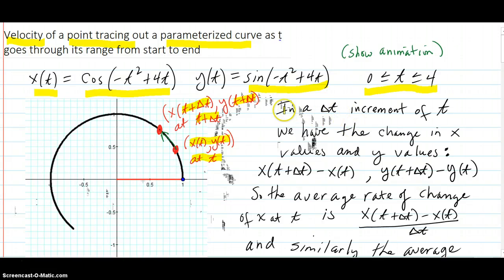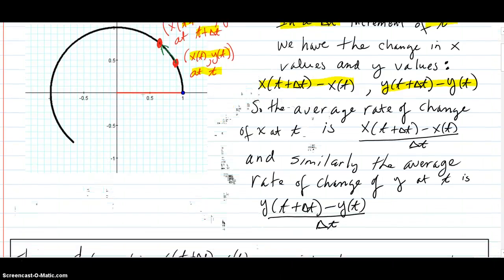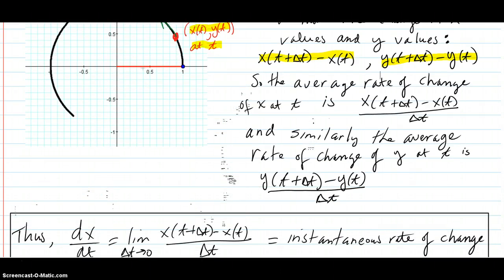And so in a delta t increment of the parameter, we have the change in x values and the y values to be this change for the x's and this change for the y's. So the average rate of change of x at a t value is this difference quotient, looking just like the derivative, and similarly the average rate of change of y at a t value is this difference quotient here.